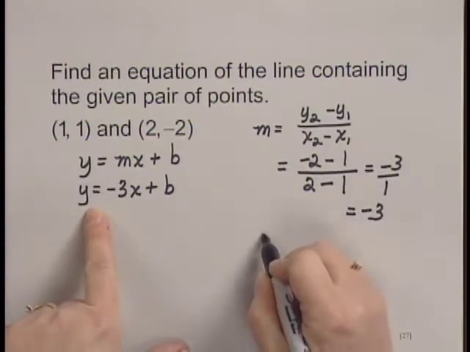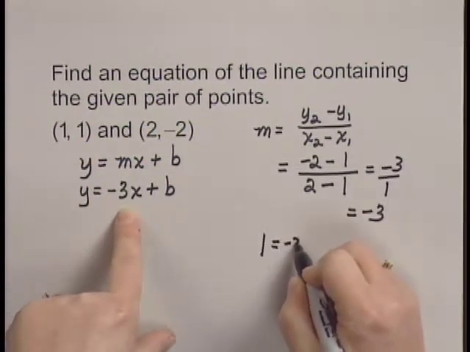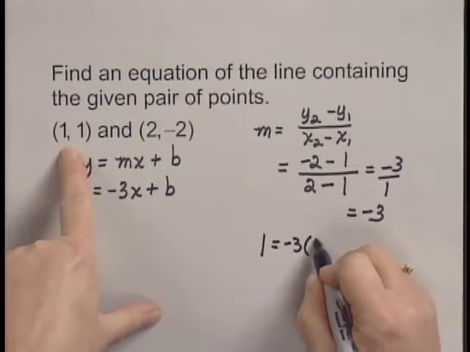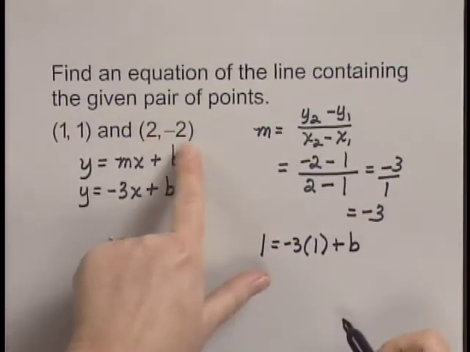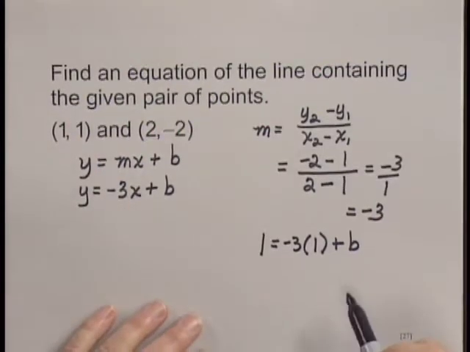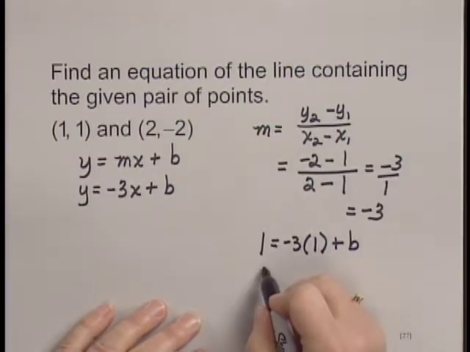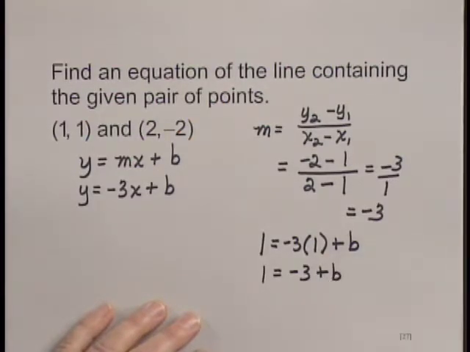Doing that, I have, substituting 1 for y, 1 equals -3 times, substituting 1 for x, plus b. And I could have used this point as well, but the numbers (1, 1) are smaller and easier to work with. Solving for b, I have 1 equals -3 plus b.